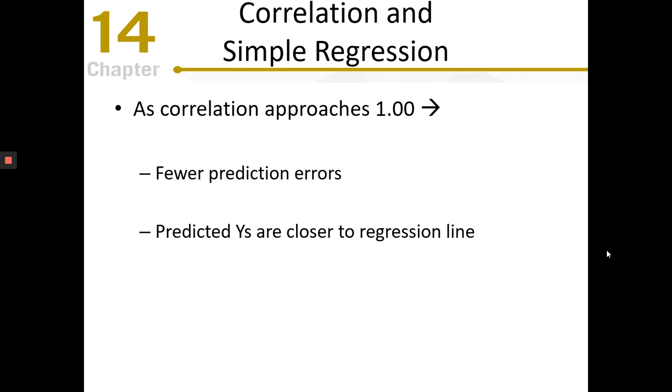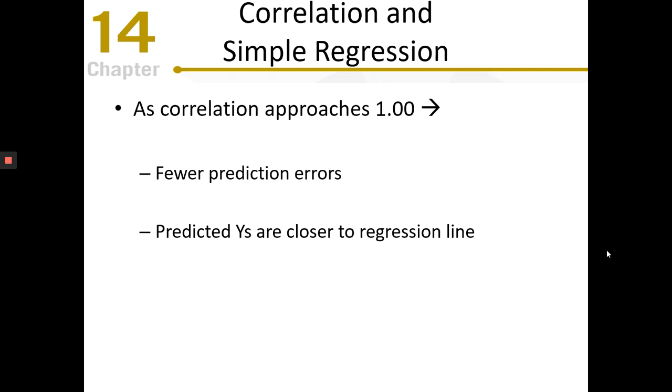So as we approach 1, a perfect correlation, we have fewer prediction errors. Our predicted Ys are going to be closer to the regression line. So conceptually, the higher the correlation between two variables, the much better predictions of Y you get in your simple regression, your linear equations, because there's fewer errors.